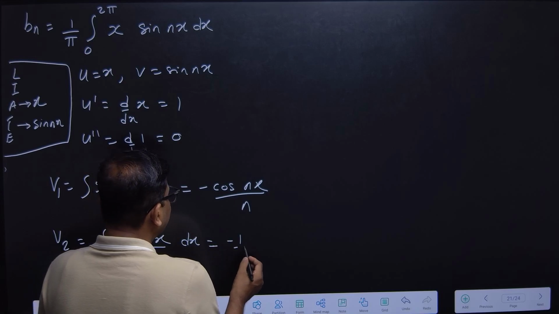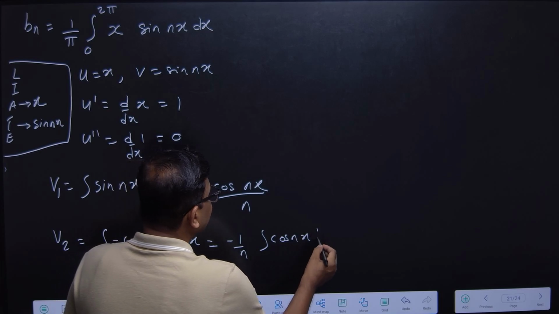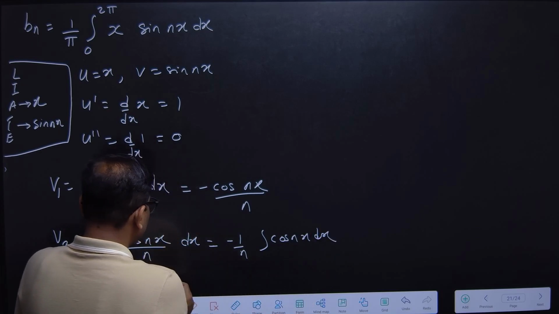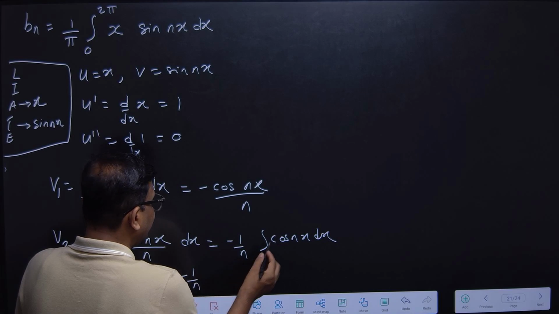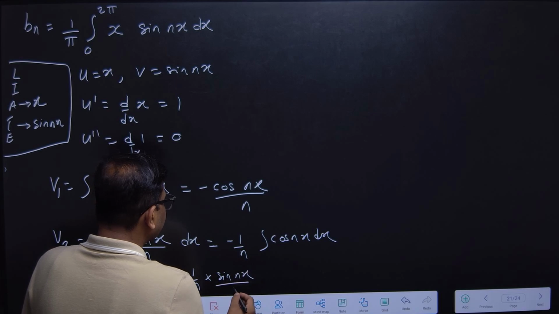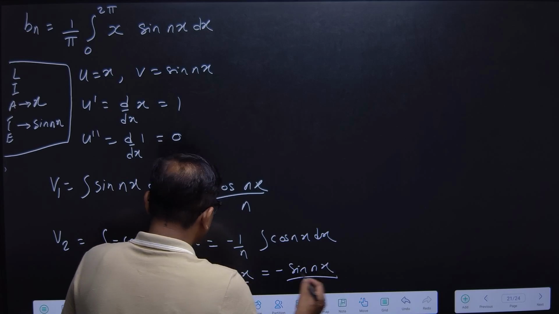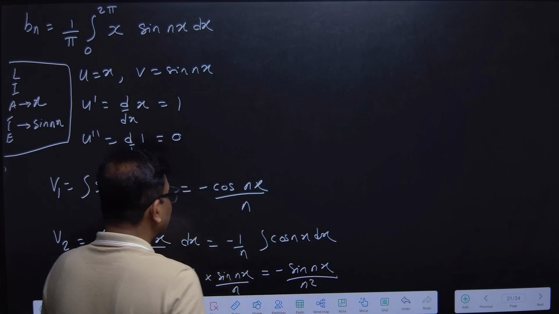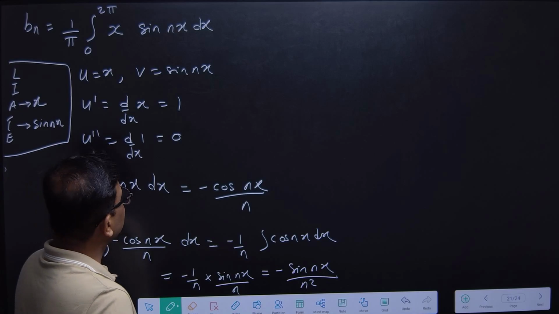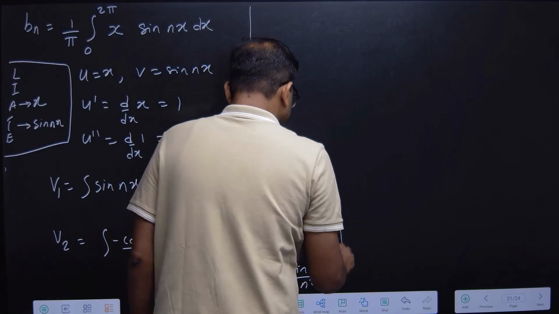Minus 1 upon n can be taken outside, it will be minus 1 upon n into integration of cos nx, which is sine nx upon n. So that becomes minus sine of nx upon n square. This part can be done orally also, but I am just showing you this in detail for understanding purposes.